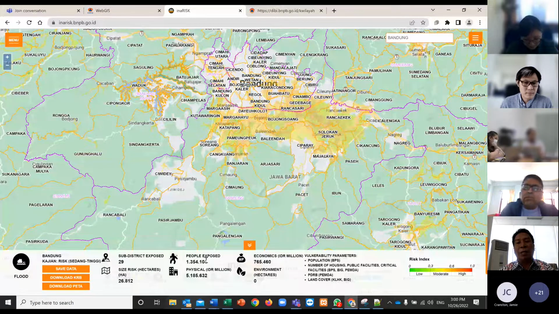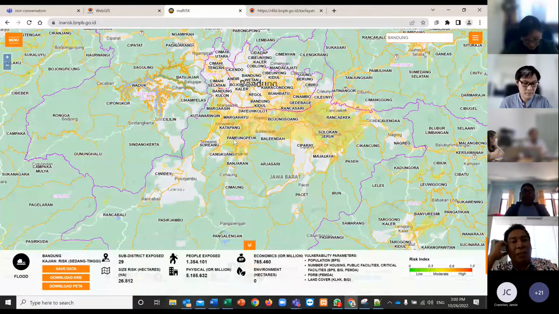But the disaster event itself does not directly correspond to a district or administrative boundary area, but may have several administrative boundaries. In Indonesia, for the big disaster events, we use the GLIDE number as the disaster code.